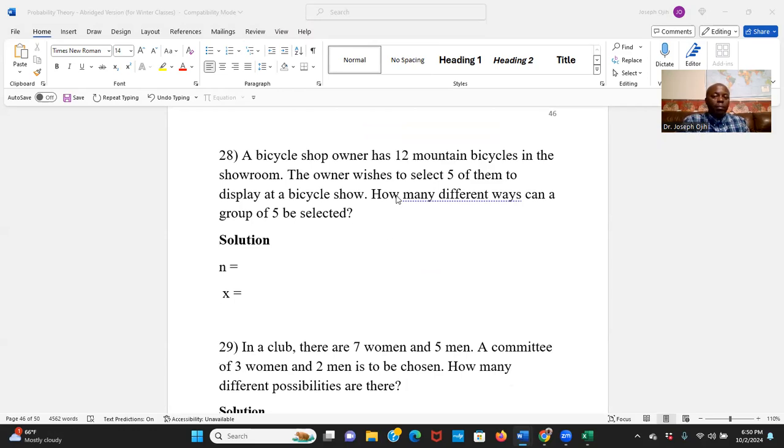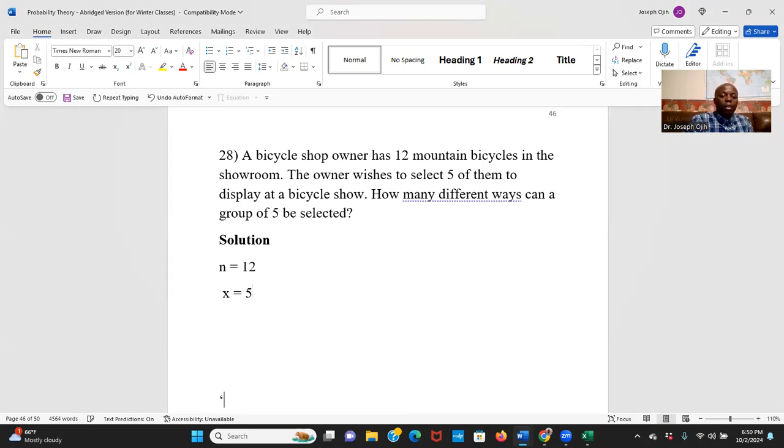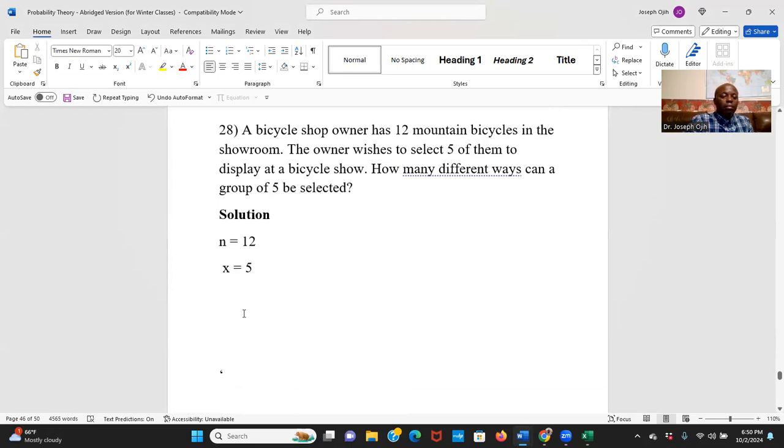Here we have 12 mountain bikes to choose from. So our N is 12. And you want to select 5 of them. So X is 5. So the number of ways becomes 12 combination 5, which will give us the answer.